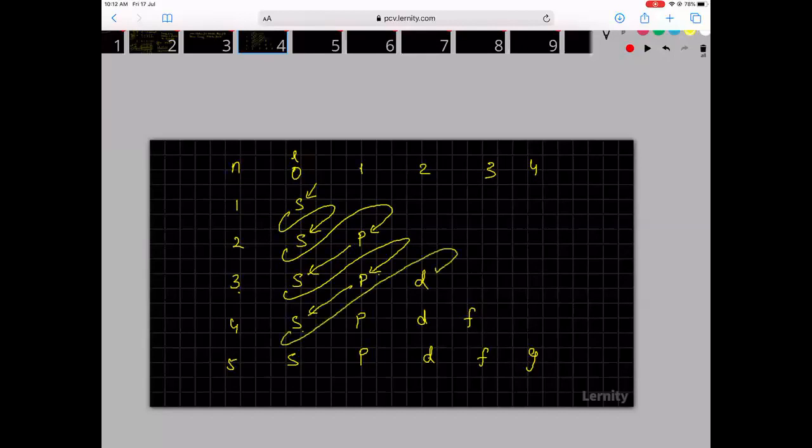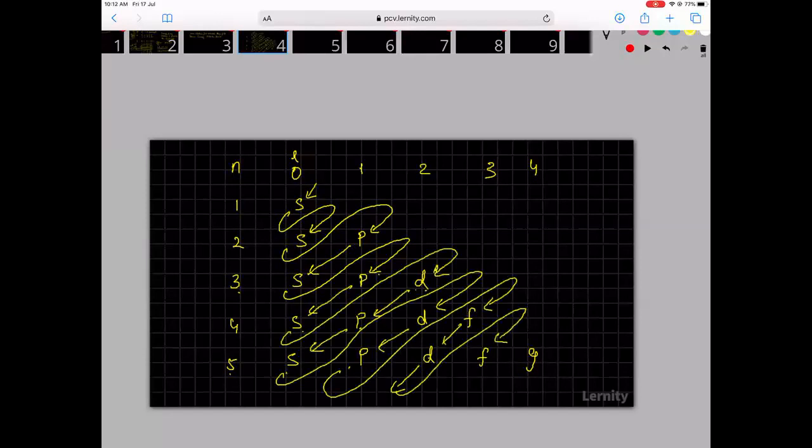Then here 3 plus 2 is 5. 4 plus 1 is also 5. This is also 5. But because the principal quantum number is lowest, they will go there. Then they will come this way, and go this way, and so on.